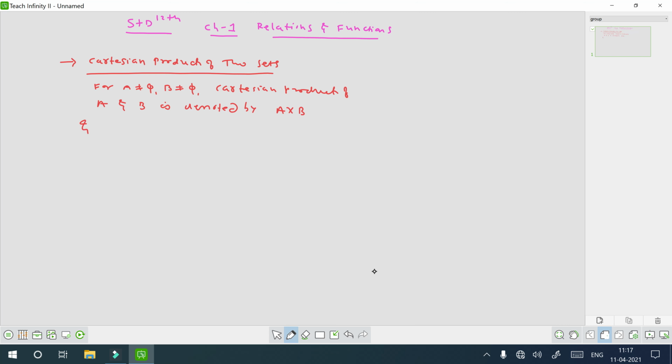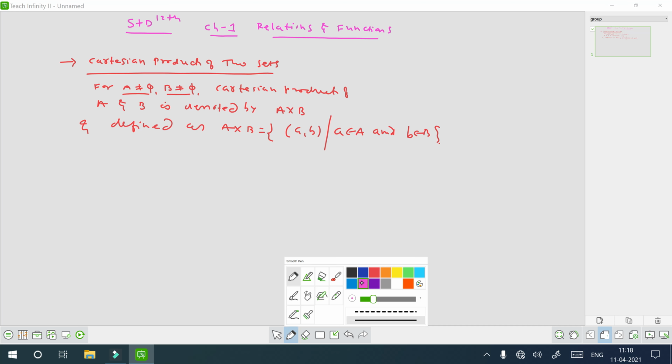And it is defined as A cross B is equal to the ordered pairs (a, b), where the first element is from set A and the second element is from set B. That is the Cartesian product of two sets. Initially, they should be non-empty sets.